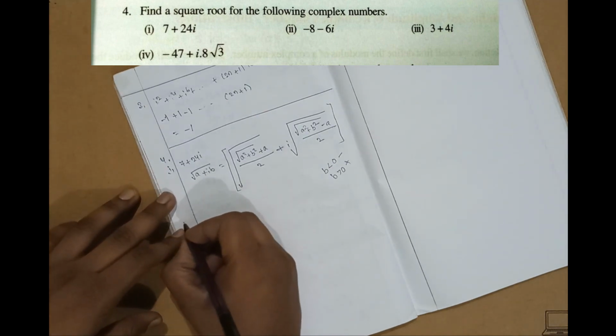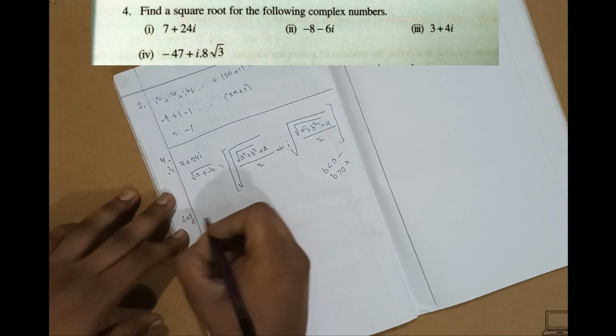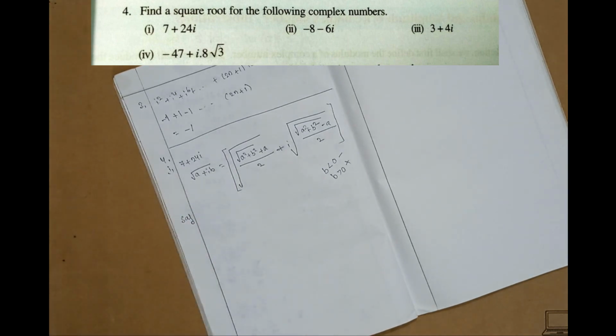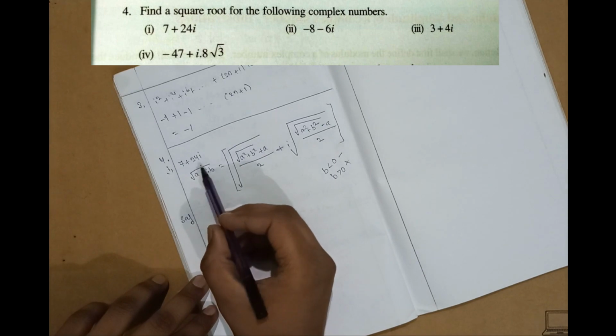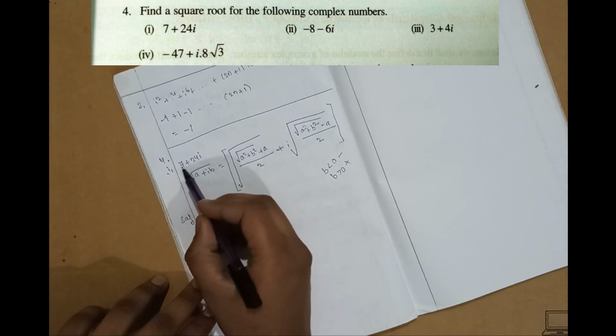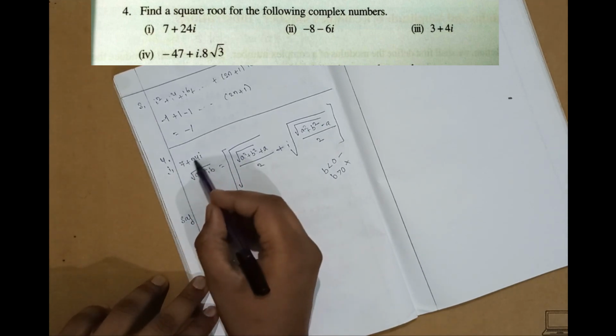we'll do the first one's solution. Simply we need to just substitute the values. A means the first one and b means the second one.